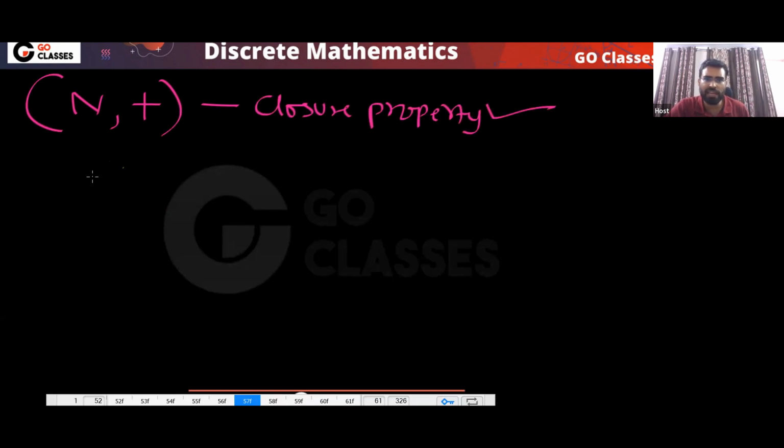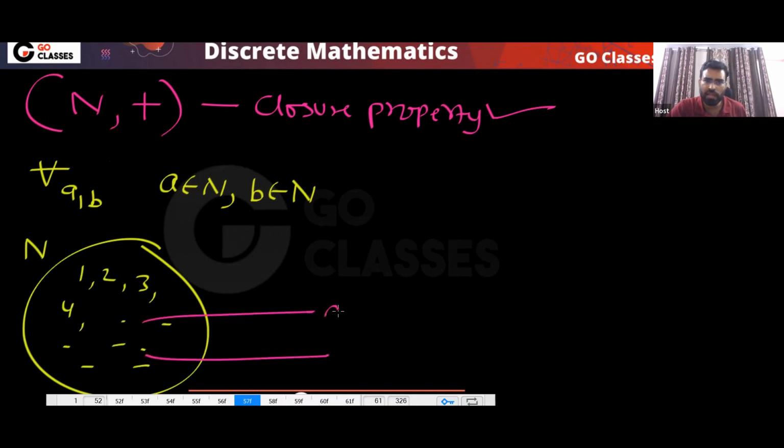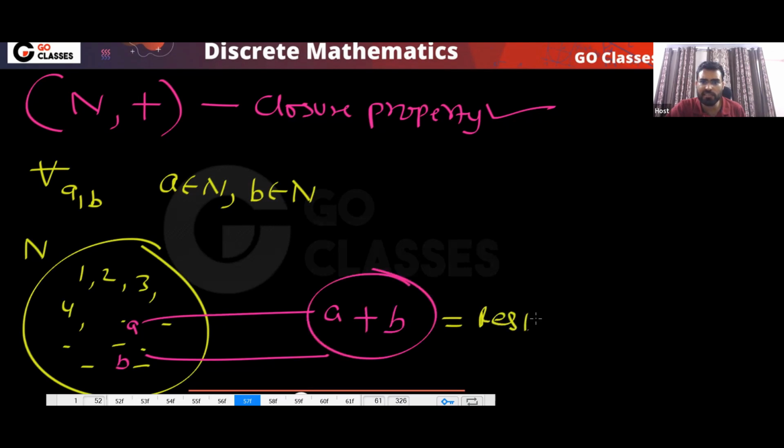Because if you take any two natural numbers a comma b from this natural number set, here you have 1, 2, 3, 4 and so on, and you perform this operation, can I say the result will be a natural number? Yes, the result will also be a natural number.